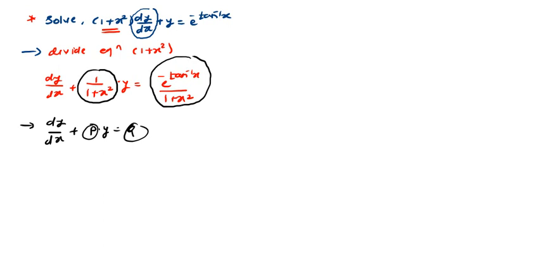So this is in the standard form, where the value for p is 1 upon 1 plus x square, and the value for q is e to the power minus tan inverse of x upon 1 plus x square. Once you get the values for p and q, you can find its integrating factor.